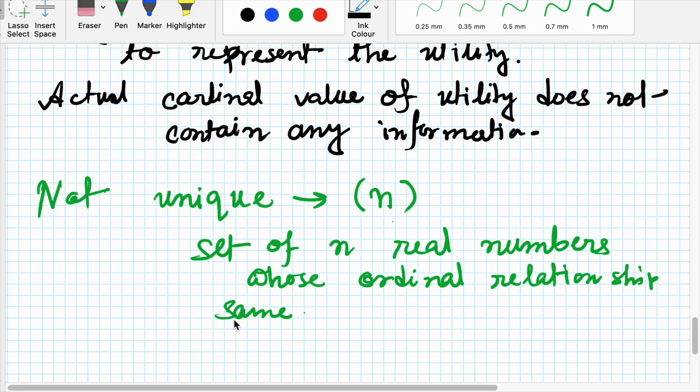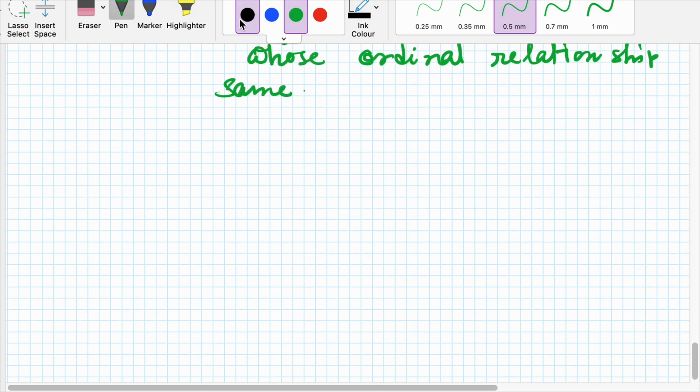Now this is all about decision making under certainty. Now let's talk about decision making under uncertainty, which is very interesting.